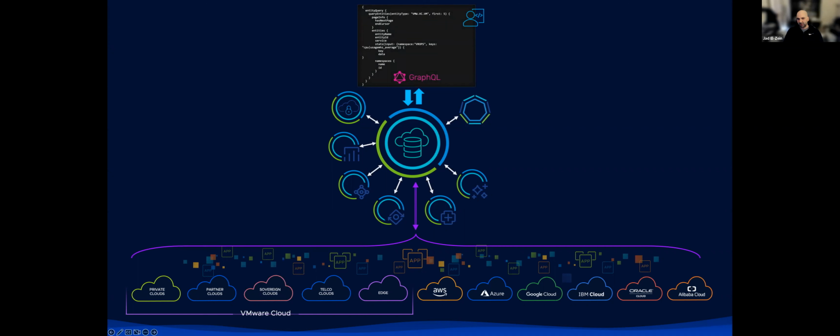So now I've got all of these products that have their unique visibility and their unique way of collecting and managing that data. And by the way, all of these products call that same managed entity something different.